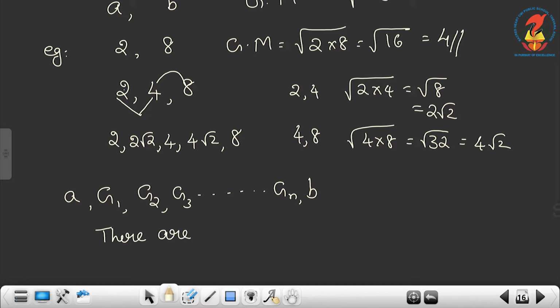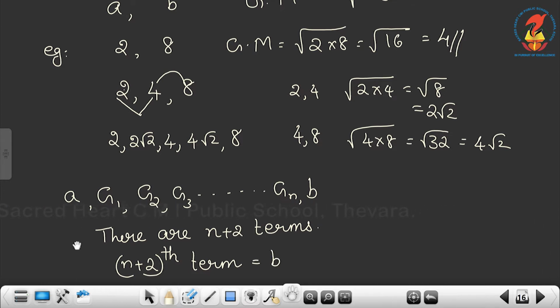Here n, then plus 1, plus 1. So there are n plus 2 terms, and the resulting sequence will be a GP. So b is the n plus 2th term.